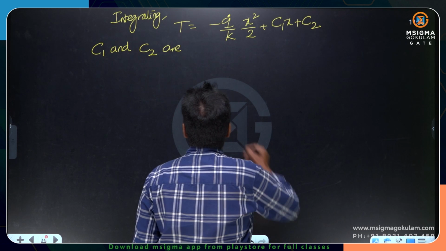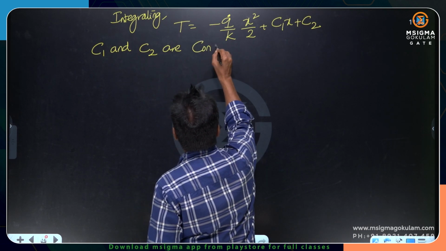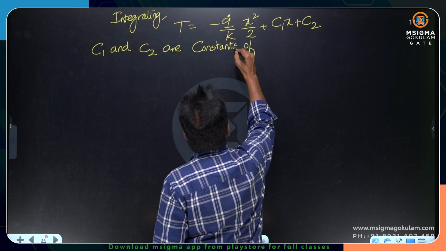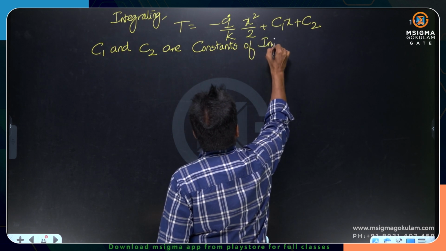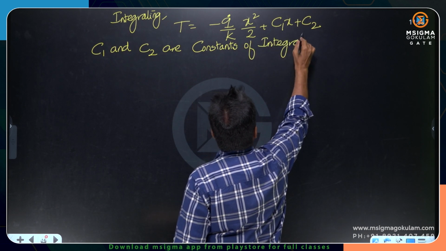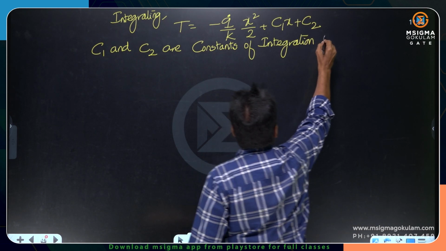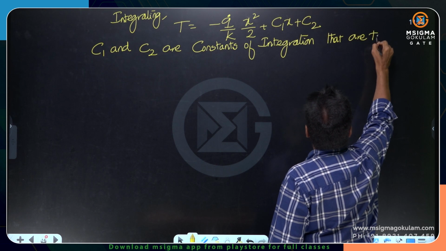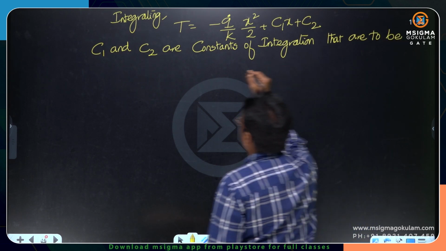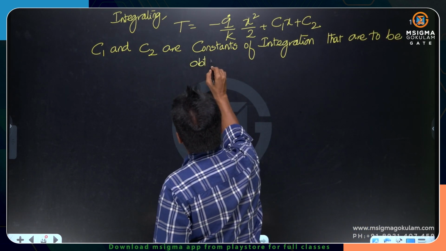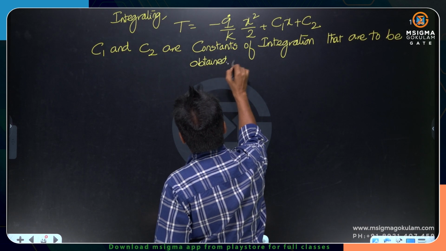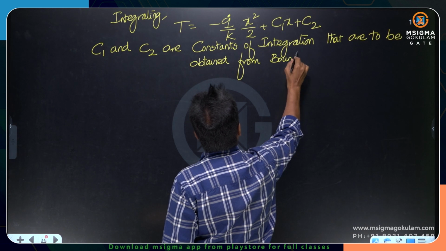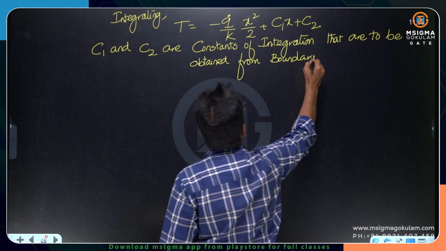C1 and C2 are constants of integration that are to be obtained from boundary conditions.